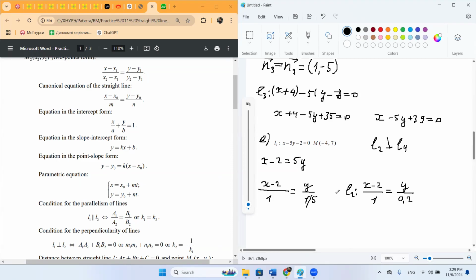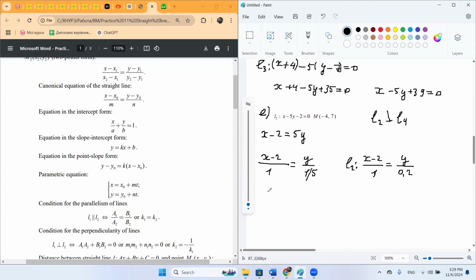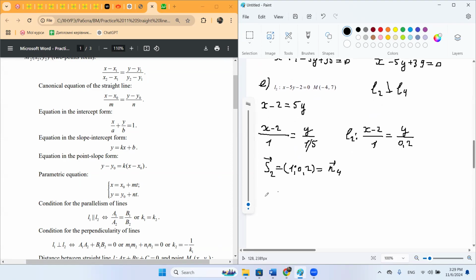We found the direction vector. So the direction vector of L2 equals (1, 0.2). And it is the normal vector of line L4. So now we found the normal vector of L4, and we know the point that it passes through.